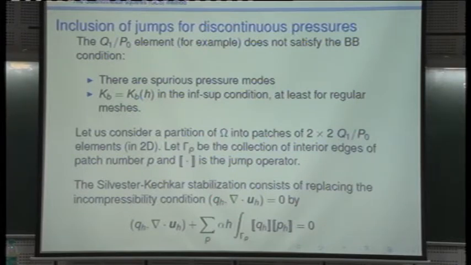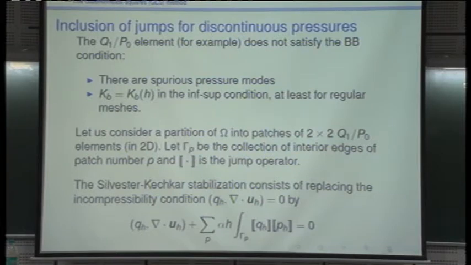Sometimes it's interesting. This element, for example, this particular element, which is very strange, does not work because, as I have explained, there are spurious pressure modes, which spurious meaning that they are different from 0, but the discrete gradient is 0. And also another problem is that in general you can only prove that the IMSUB constant is of order h. So the IMSUB, sometimes I call it beta, sometimes I call it kb.